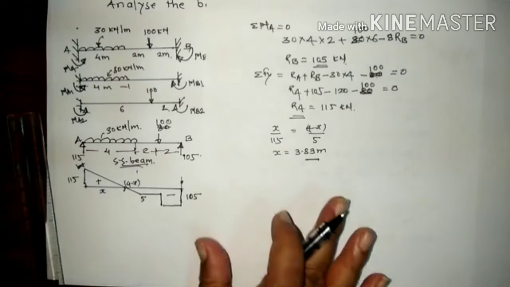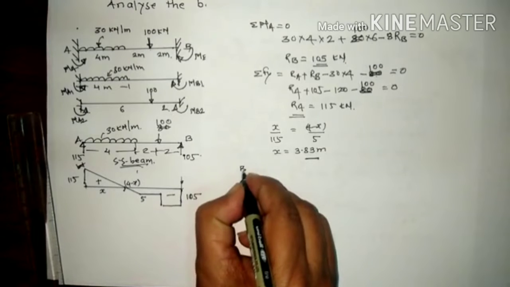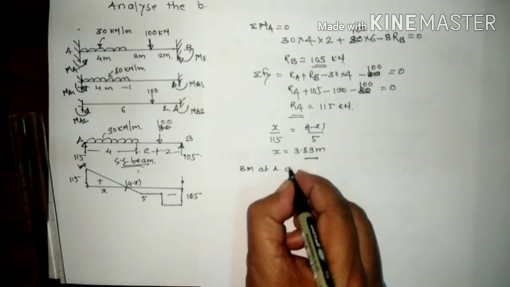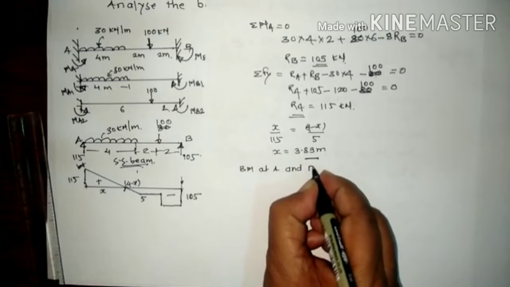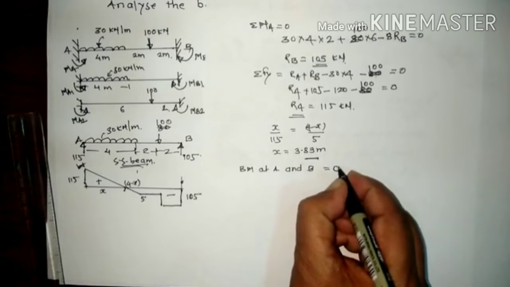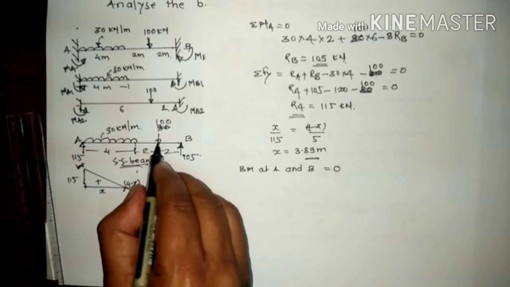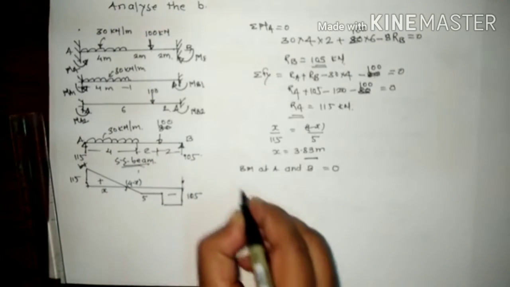Now the bending moment. So now we know the bending moment at A and B is equal to 0 because of simply supported. Now again bending moment at this point.